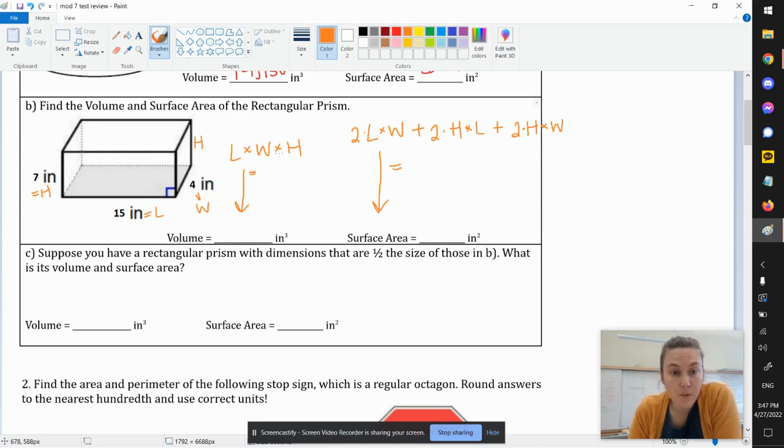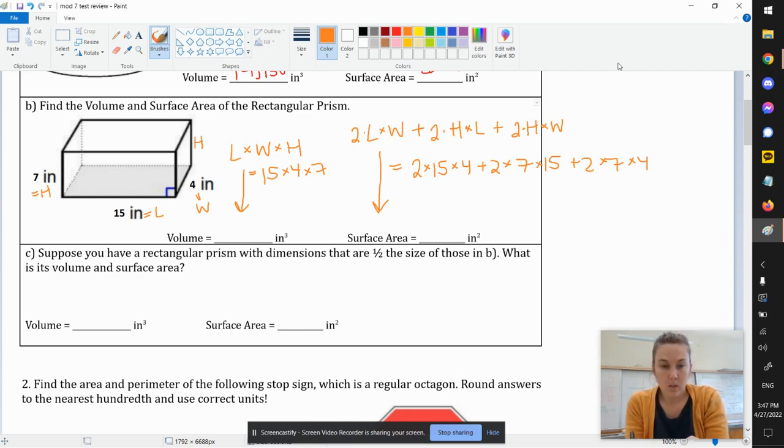And then we can just plug in our numbers, right? This is 15 times 4 times 7. This one is 2 times 15 times 4 plus 2 times 7 times 15 plus 2 times 7 times 4. We just plug these in our calculator. 15 times 4 times 7 is 420.